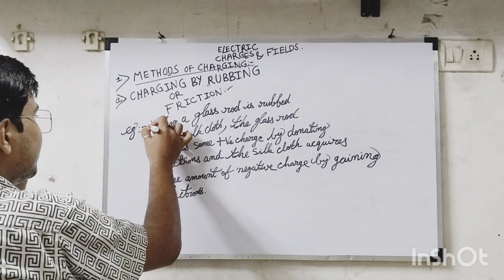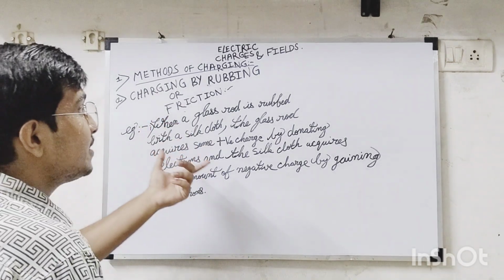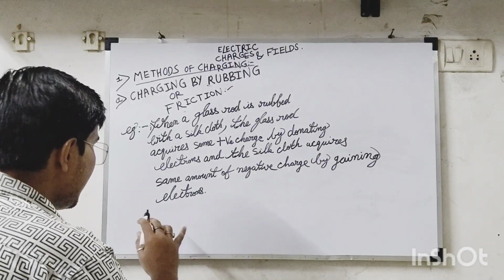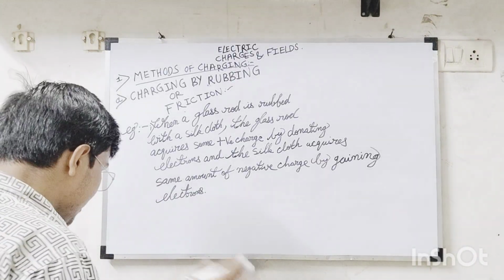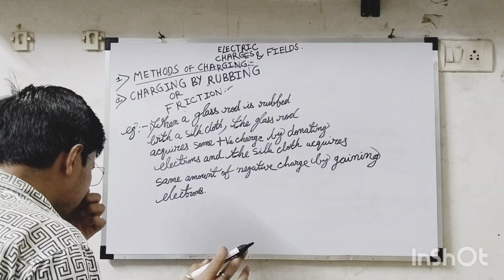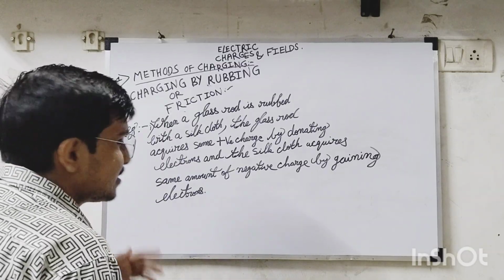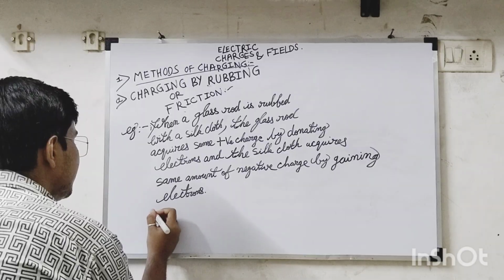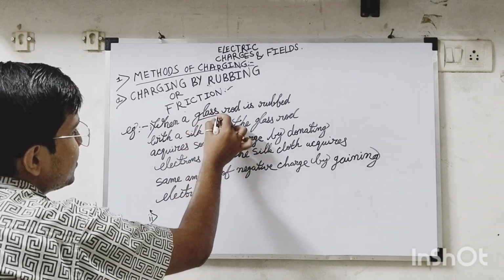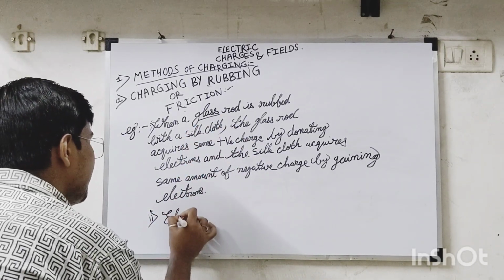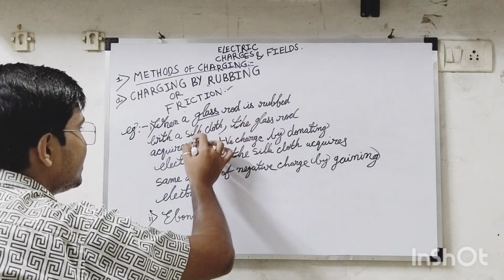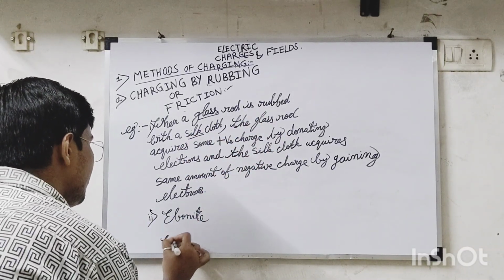Another example, ebonite rod and wool cloth. What will happen? An ebonite rod on rubbing with wool cloth becomes positively charged, making the wool cloth negatively charged. Same example, just here in case of glass, it is put ebonite, and here in case of silk, it is put wool.